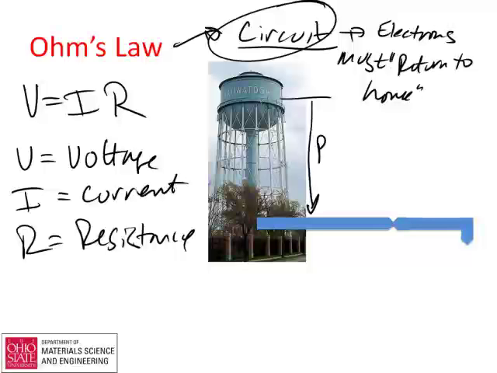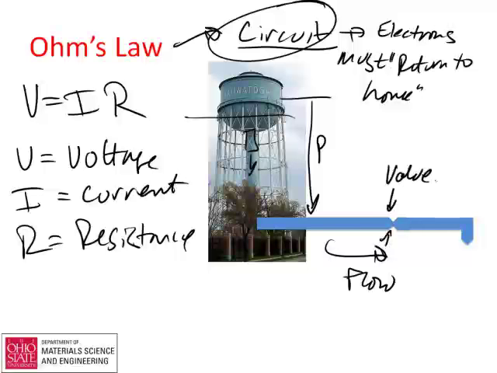Basically, all that water pushes down on the water that's beneath it, gives you a pressure, and that's where you get good water pressure. That's why you want this to be up high. If you've got a house up higher than that, you're not going to get water. And then that pressure basically is what causes flow. And then you might have something like a valve in here. And as you open that valve, you get some kind of flow rate.